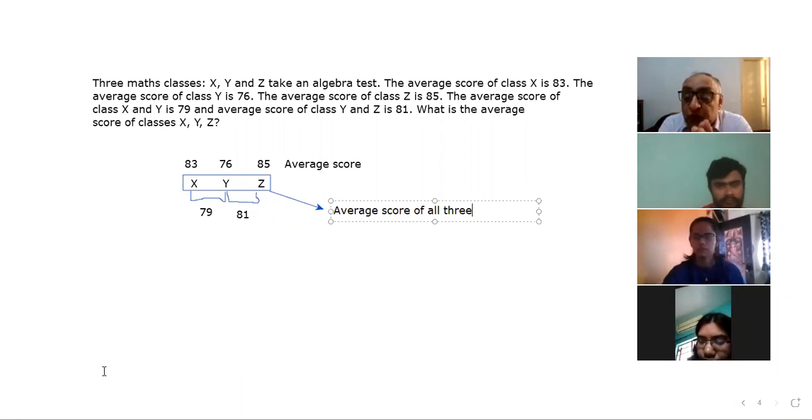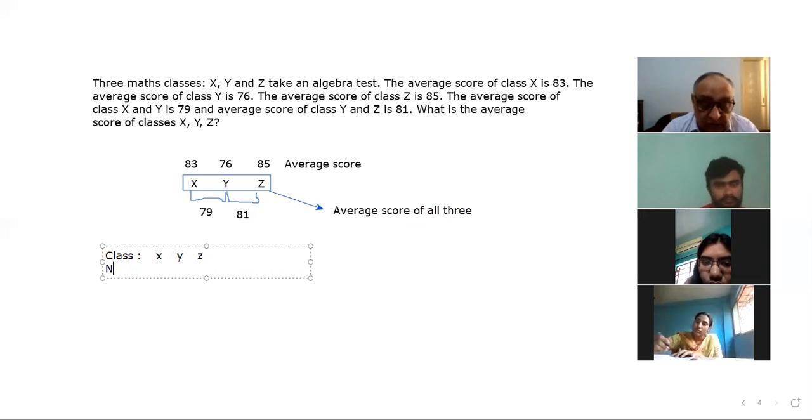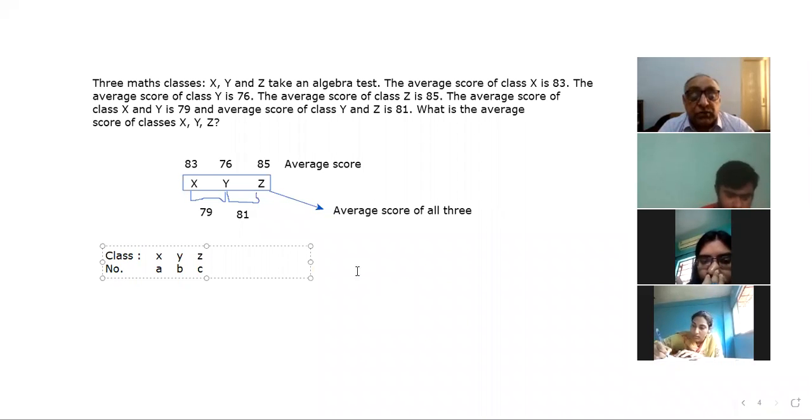If the total scores had been given, then we would have been able to find the numbers directly. So let us suppose this is class X, class Y, and class Z. Let the number of students in class X be A, in class Y be B, and in class Z be C.